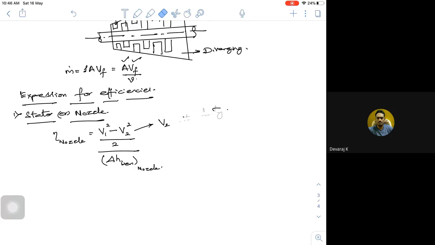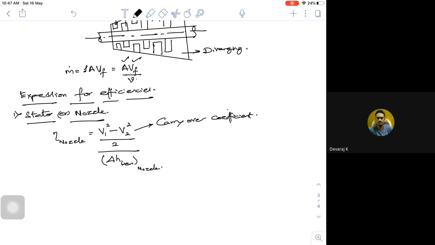If I consider the carryover coefficient, that means it is going to enter. V1 is what is going out, and V2 is what is coming into that particular nozzle.